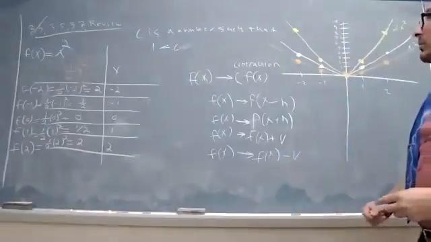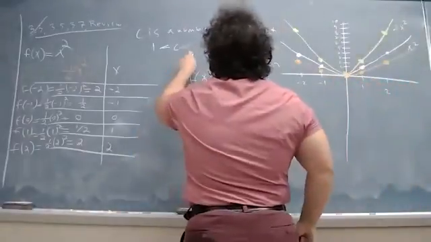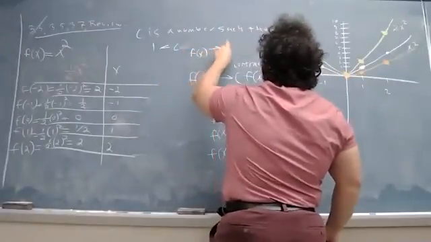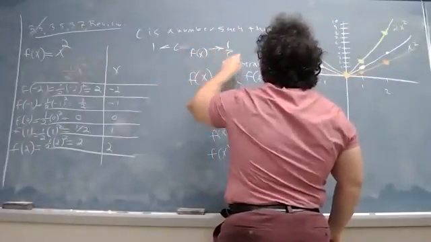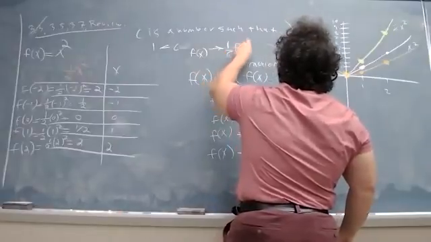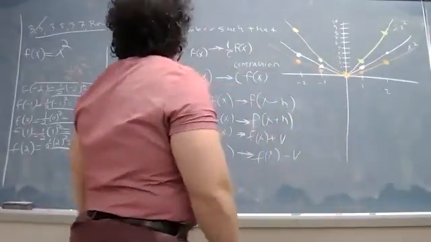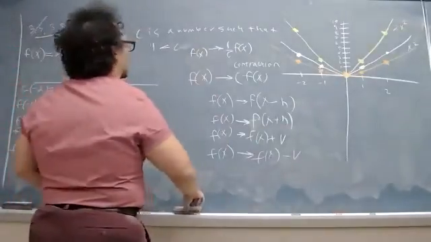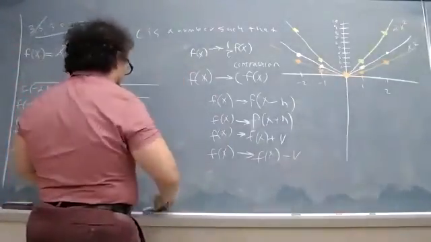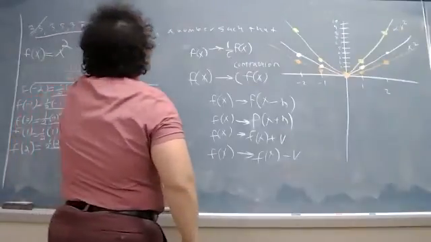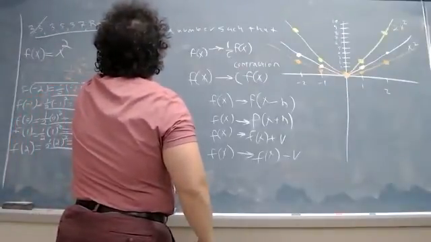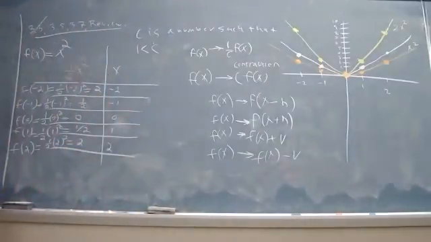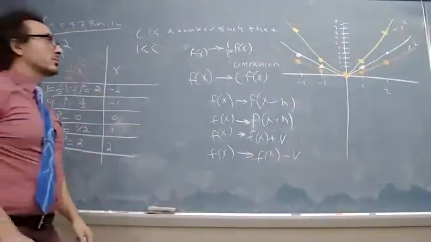Okay. But now, what about the shift where we said f of x gets mapped to 1 over c f of x, where c is still a number greater than 1, meaning 1 over c is a fraction.